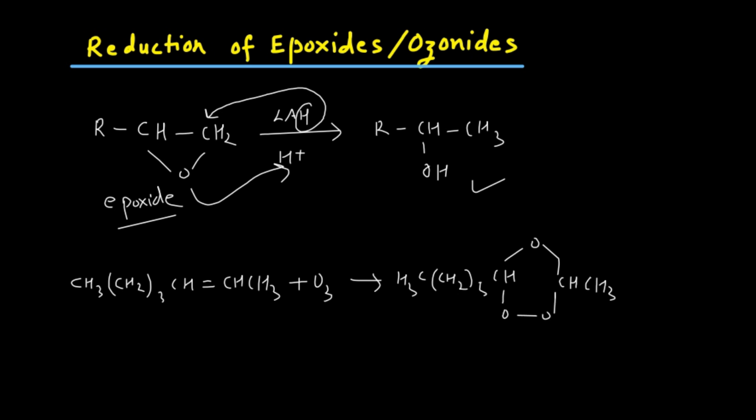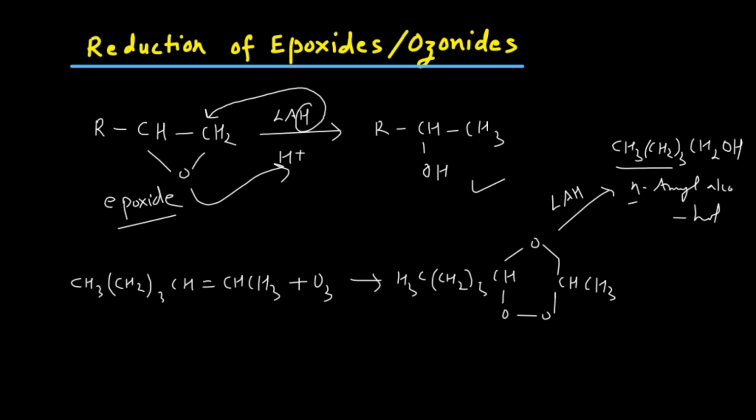This is your ozonide. When you reduce this ozonide with lithium aluminium hydride, you will get this alcohol, CH3, CH2 three times, and then CH2OH. I hope you know what this is. This is your amyl alcohol, n-amyl alcohol. It is normal because a straight chain is there. This is how you can do it.